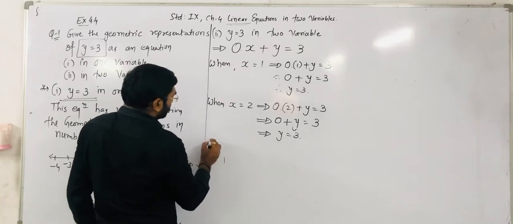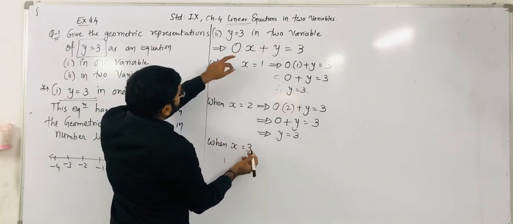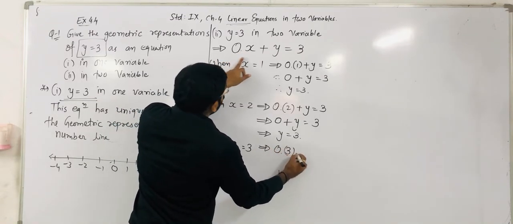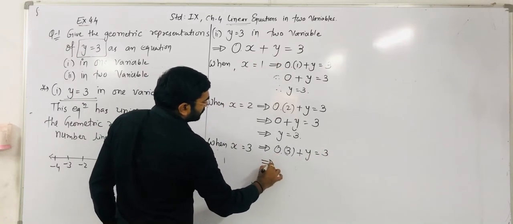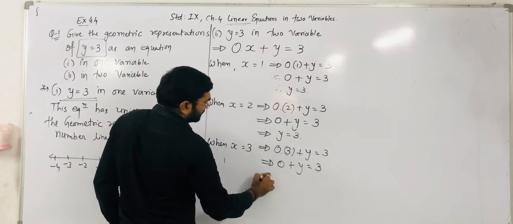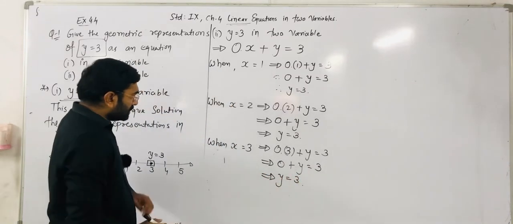Suppose I take another value of x, x is equal to 3. Put here 0 into 3 plus y is equal to 3. Any number multiplied by 0 gives 0 only, plus y is equal to 3. 0 plus y means y only is equal to 3.